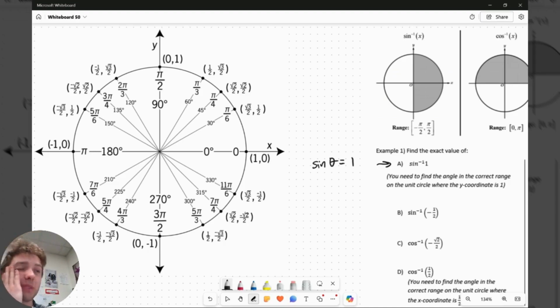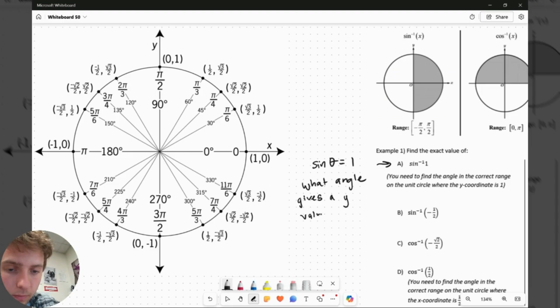Okay, well now there's some other stuff that I need to think about because this is complicated. Well, we know sine is y. So I'm wondering here, what angle gives a y value of 1?